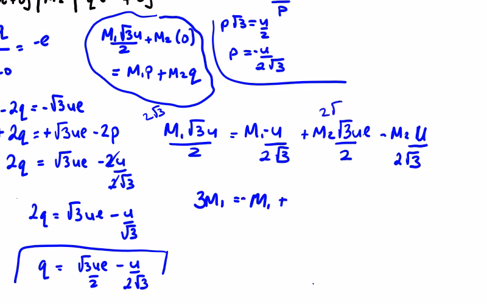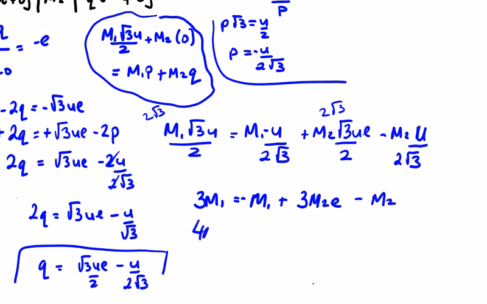We're going to multiply this by 2 root 3 to get on top. The 2s will cancel. We're going to get root 3 by root 3, which is 3, m2 e. Then we're going to get minus m2.